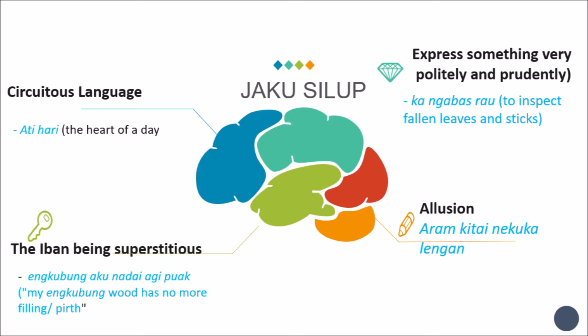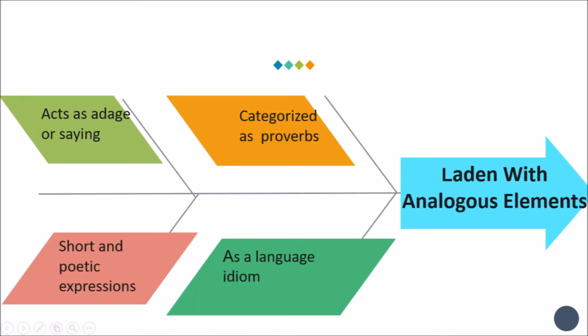He can change at any time. That is why we say he has the heart of a day. Sometimes the day is moody, right? And so the next one is the Iban, they are superstitious. So we cannot say a lot of things when we are in the jungle or in the bush or when we are at work. That is how we look at it in the Iban.